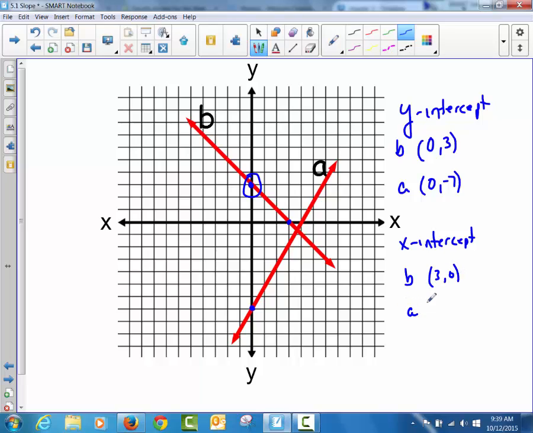And line A is right here, which is (4, 0). One thing you might want to notice here is the y-intercept occurs when the x is 0, and the x-intercept occurs when the y is 0. Just a note to put in your mind for reference later on, okay?